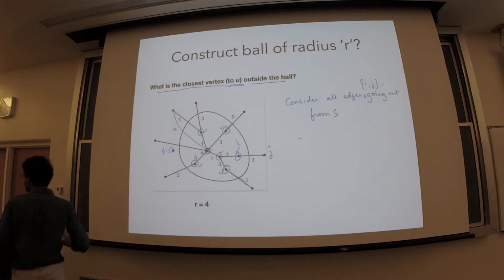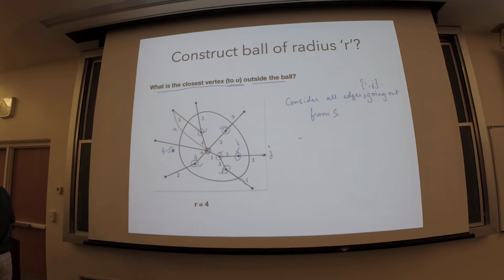So what you have to do is look at all edges ij going out, and then look at the distance from U to I plus the length of the edge ij.